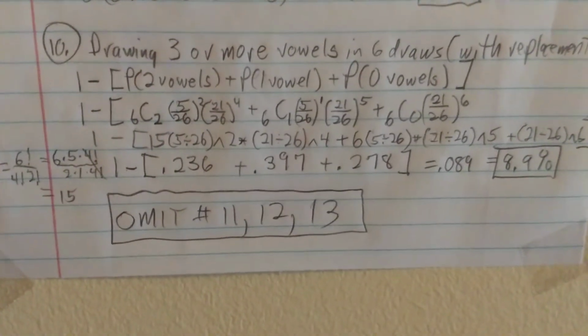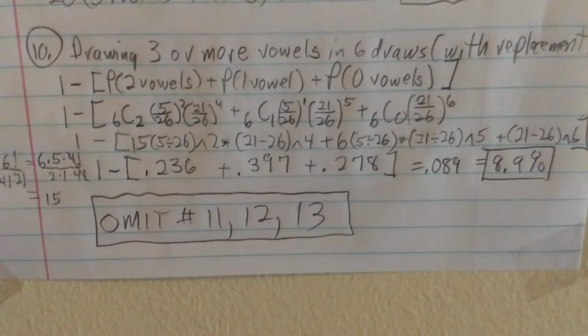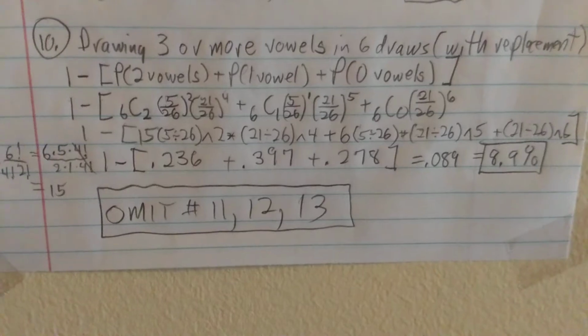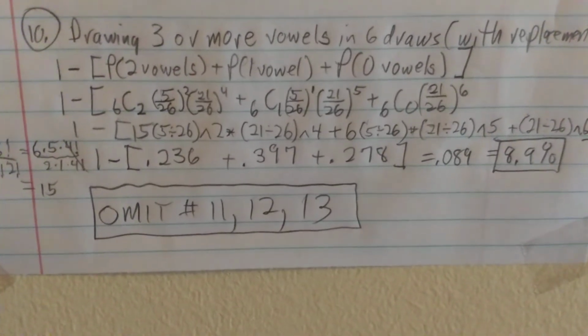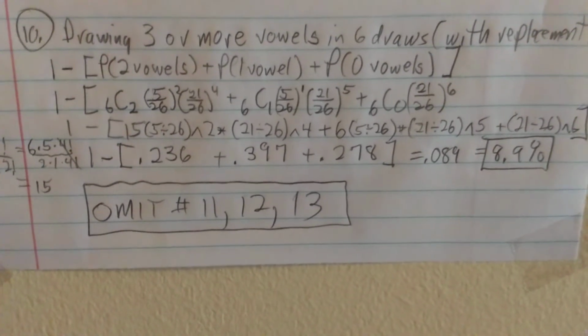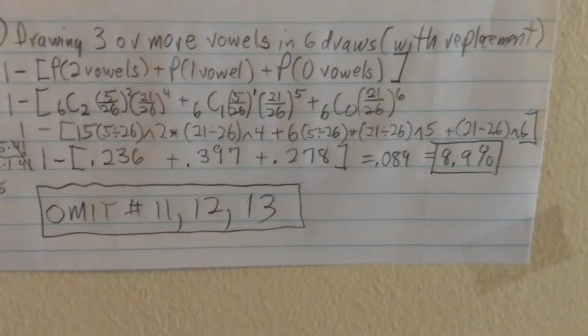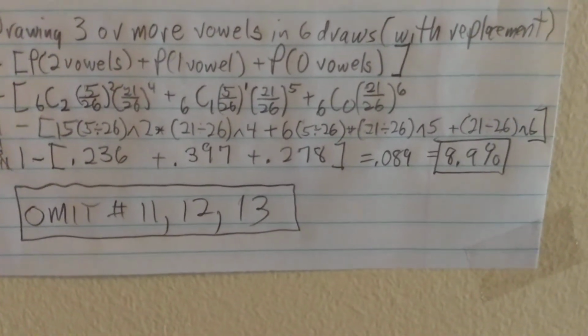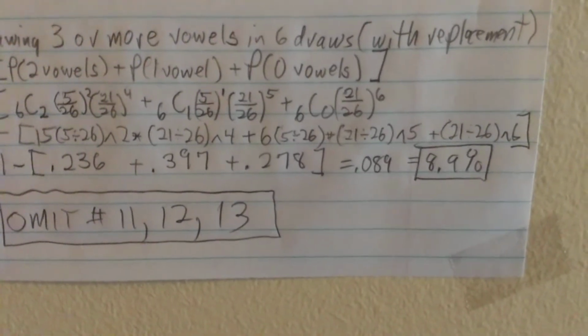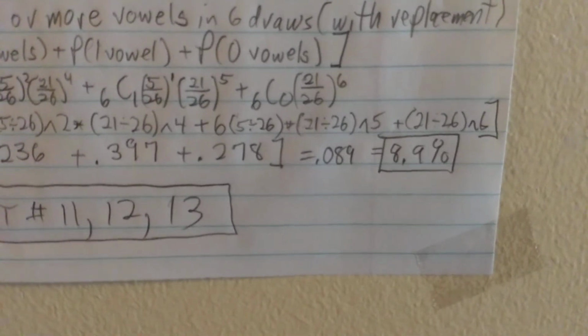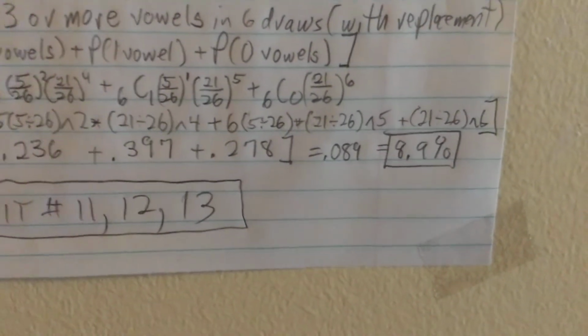So we're going to do the binomial expansion for the 2, 1, and 0. So 1 minus bracket 6C2, 5 over 26 squared, and 21 over 26 to the fourth, plus 6C1, 5 over 26 to the 1, and 21 over 26 to the fifth, plus 6C0, 0 vowels would be all consonants, 21 over 26 to the 6.